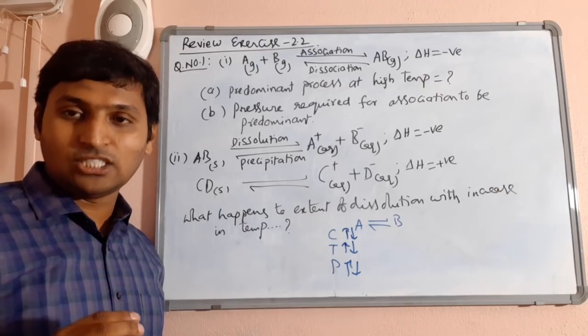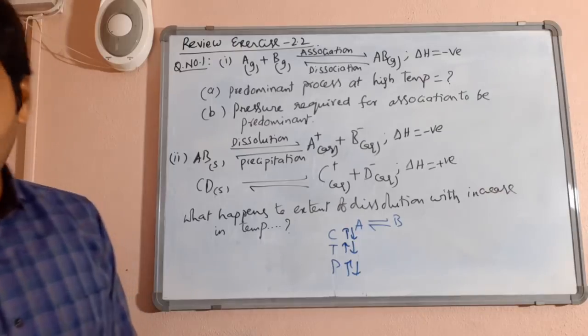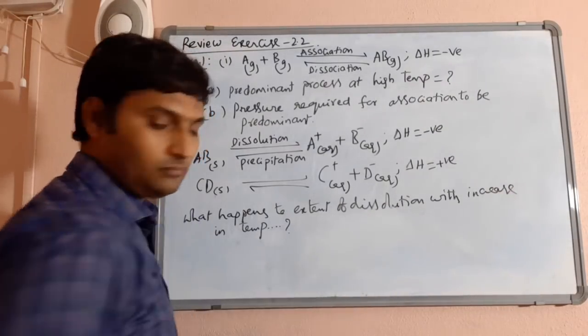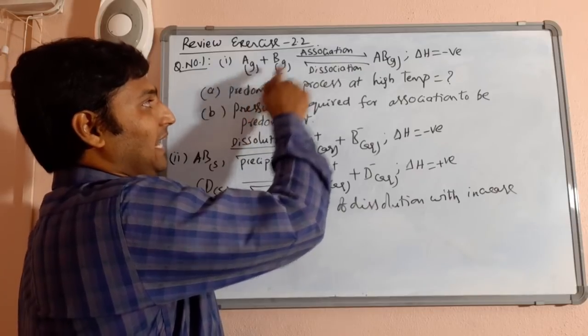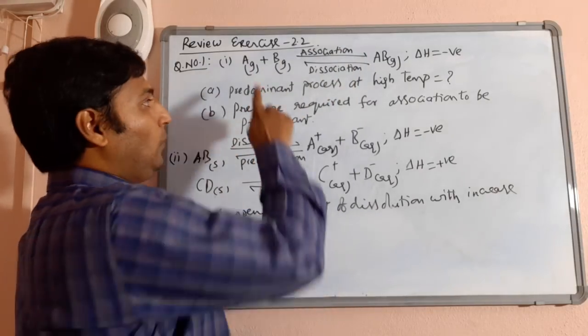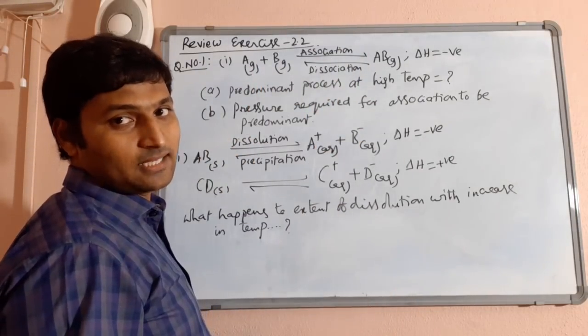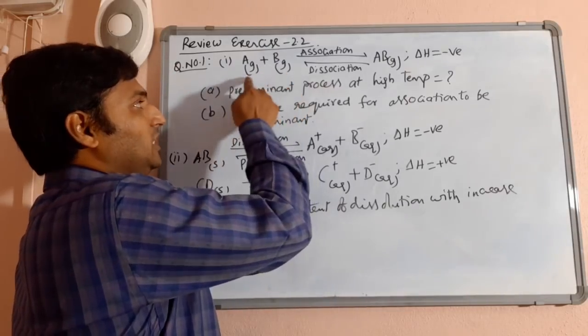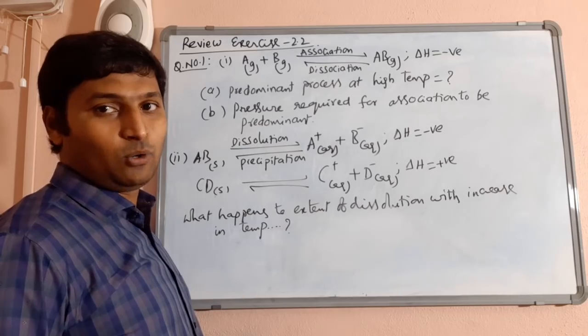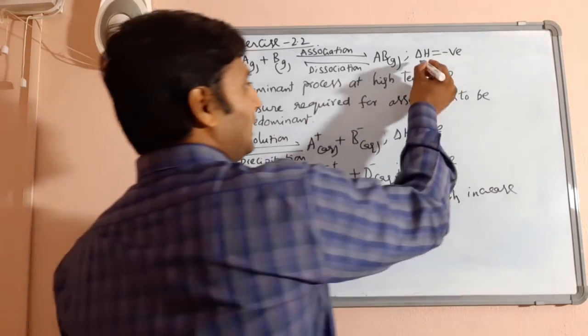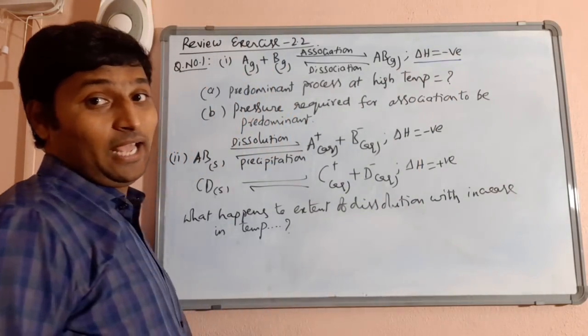With that knowledge, let us try and answer this question. See here, he has given an association reaction, or a combination reaction I can simply call it, where two gaseous elements A and B are combining to form a gaseous compound AB, and the process appeared to be exothermic.